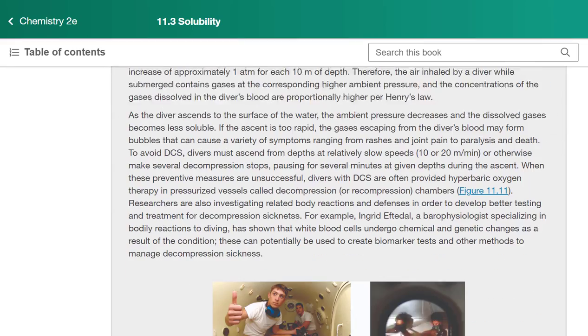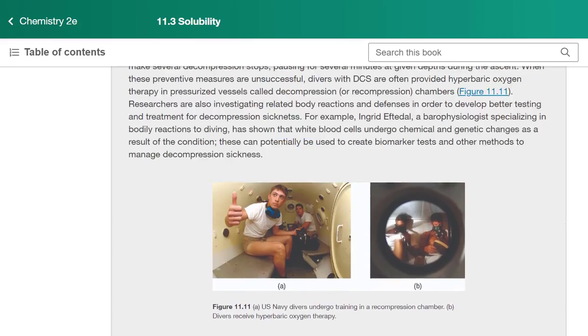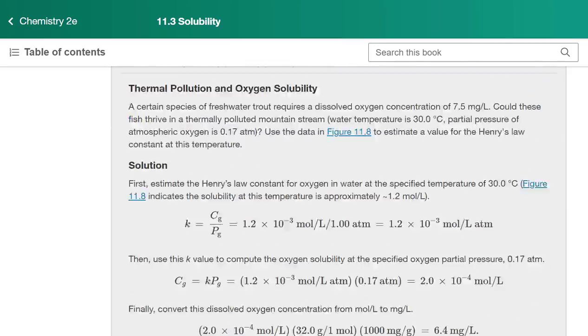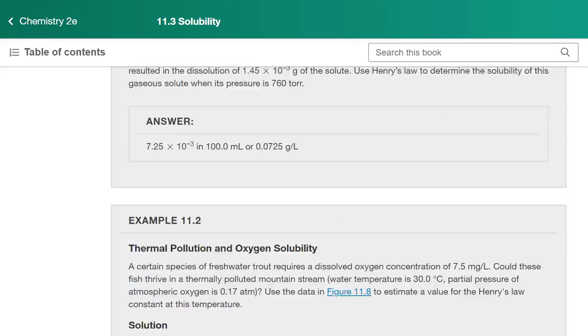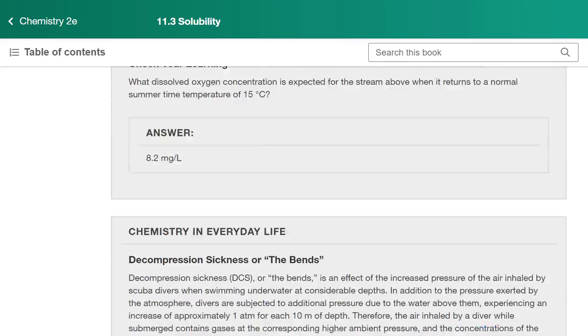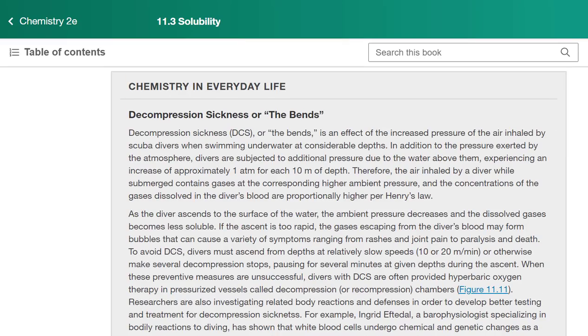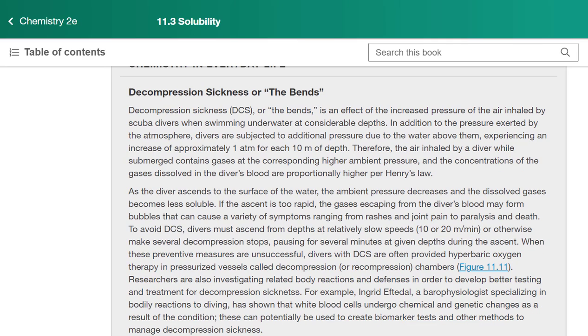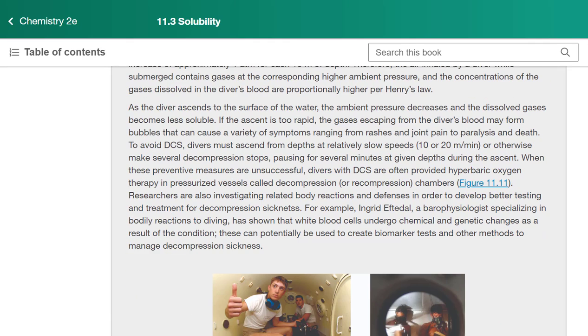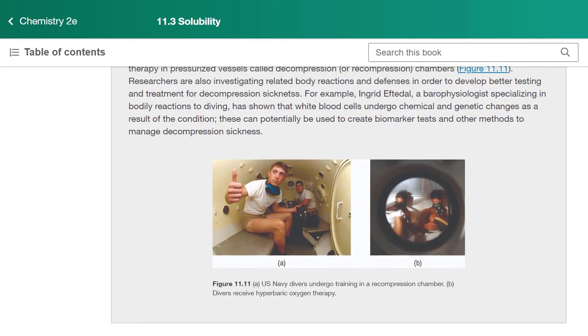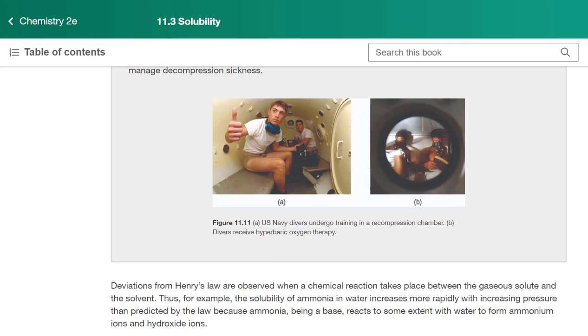Let's go ahead and, there are some interesting applications in some of these questions in terms of thermal pollution, and then the bends, which is something that can happen if you get nitrogen into your blood because of a high pressure by going underwater.